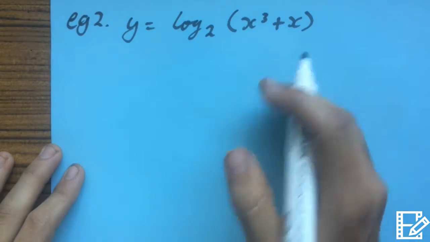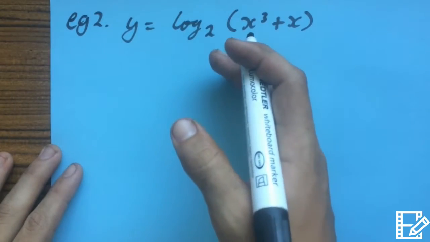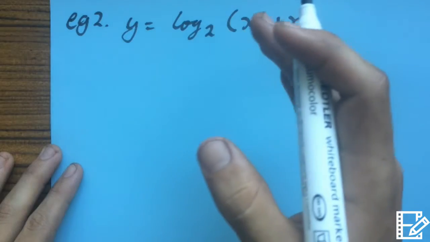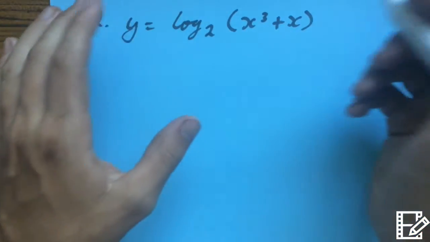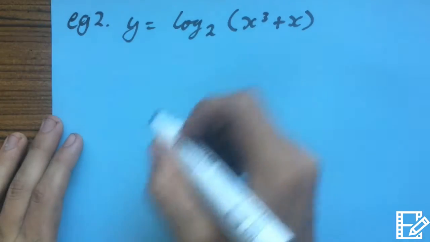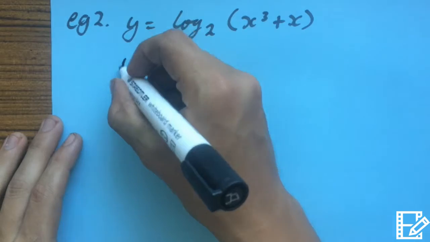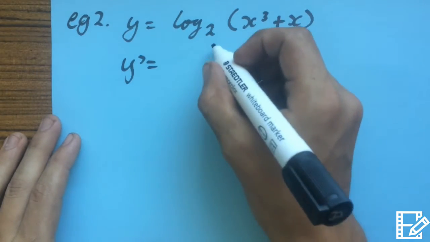If you have more, you just keep doing the same. You derive the outside, leave the inside the same, and then you multiply that by the second outside. I have an example of that later, but I'll show you just this for now.